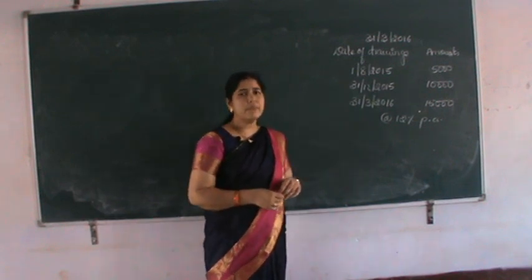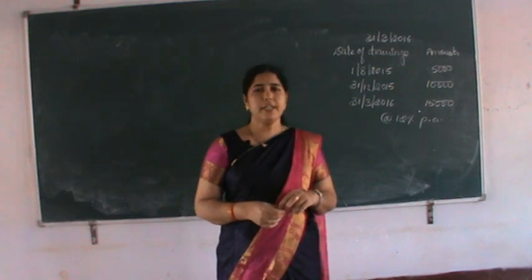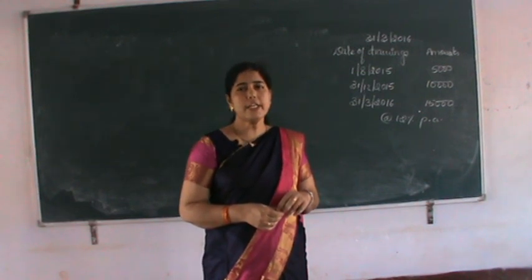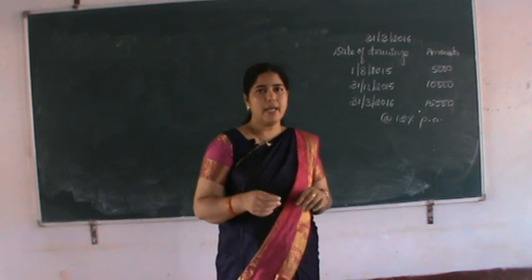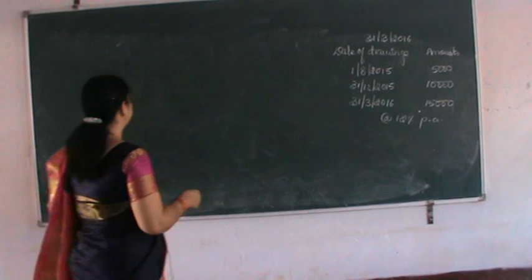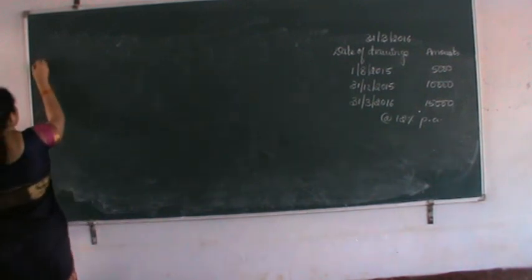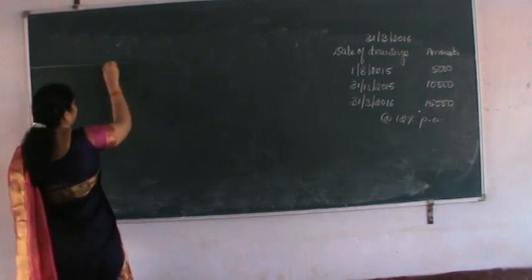Here, while we are applying the product method in order to calculate the interest on the partner's drawings, we require one table. So we will have that table. This table will have 4 columns.